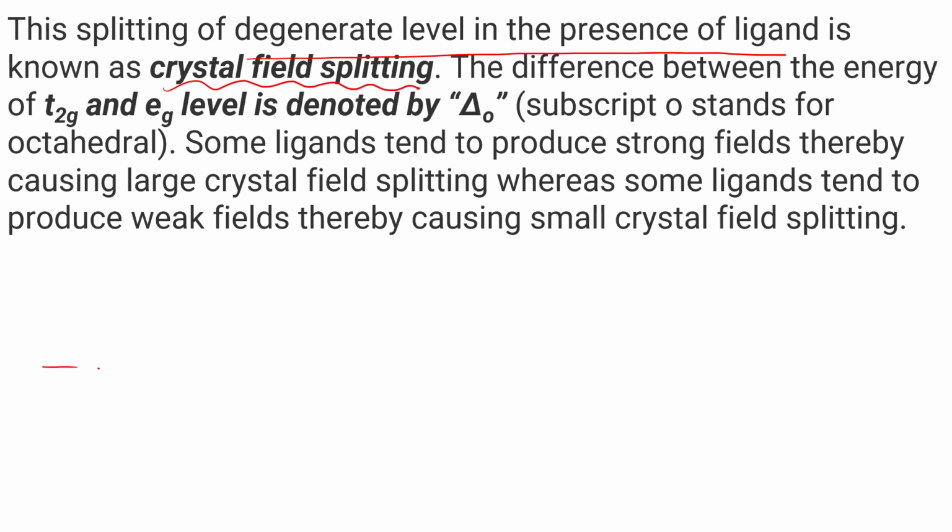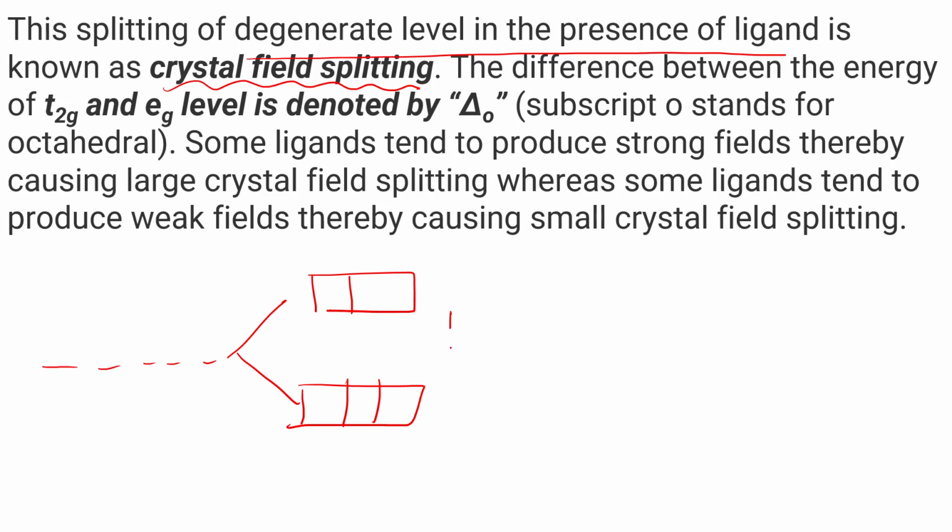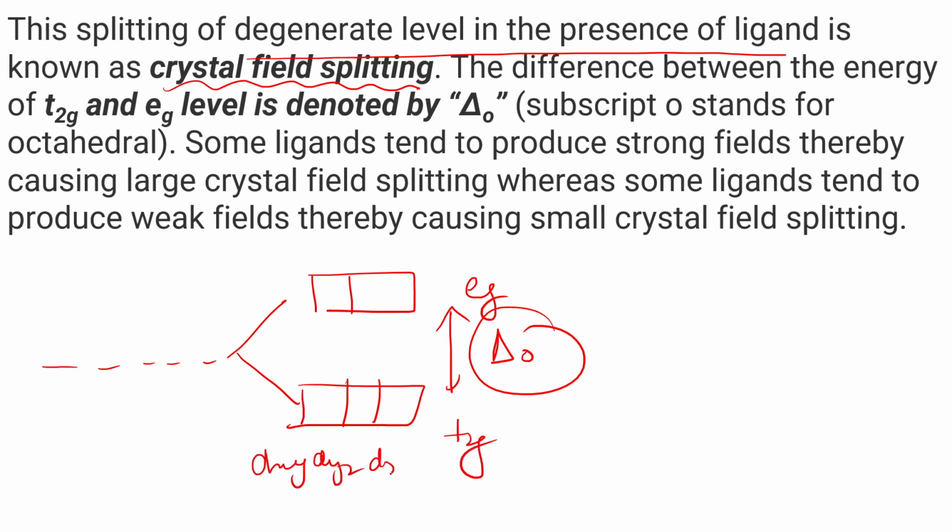As I said, degenerate orbitals split in the presence of the ligand like this, and this is called crystal field splitting. The difference between the two energy levels is denoted by delta O. This is the Eg level, this is the T2g level, this is dxy, dyz, dzx, this is dx square minus y square, this is dz square, and the energy gap between them is denoted by delta O, the crystal field splitting energy.